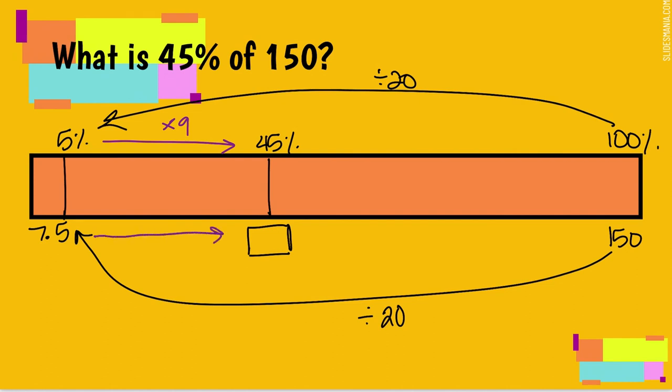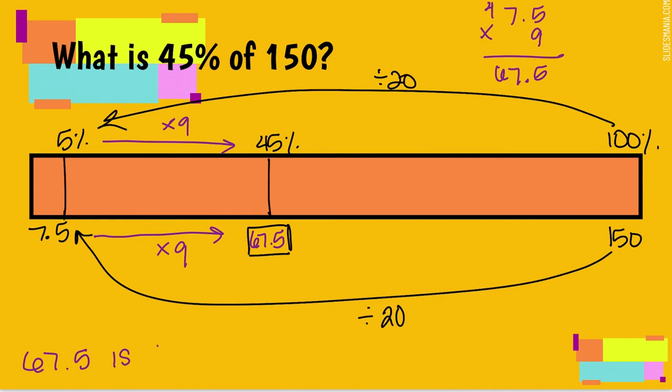So then I will multiply 7.5 times 9 to find my missing value. So let's come up here and show our work. So we get that 67.5 is 45% of $150, excuse me.